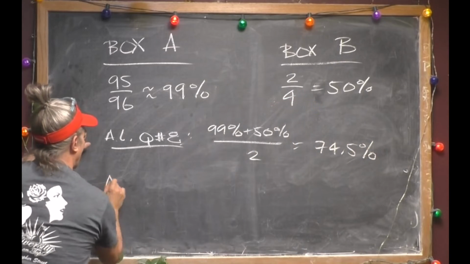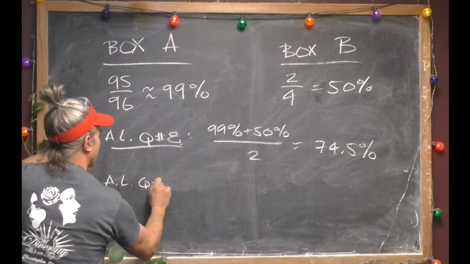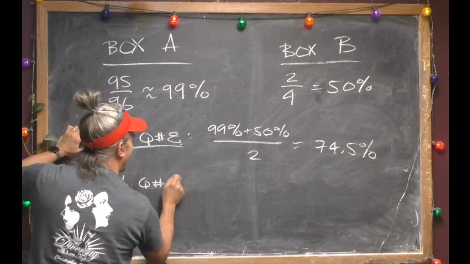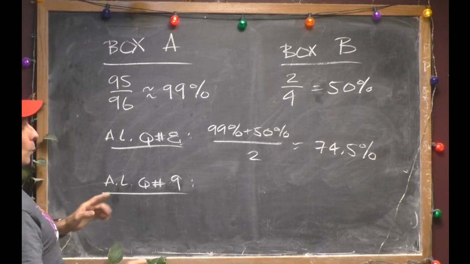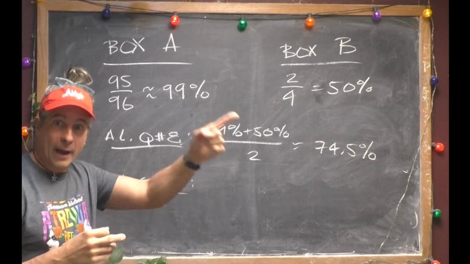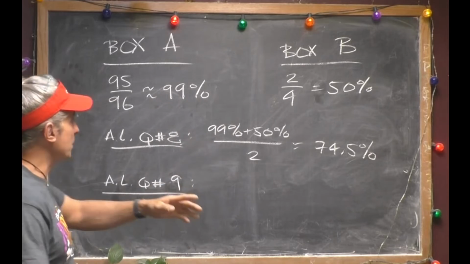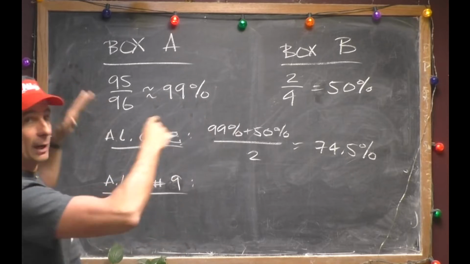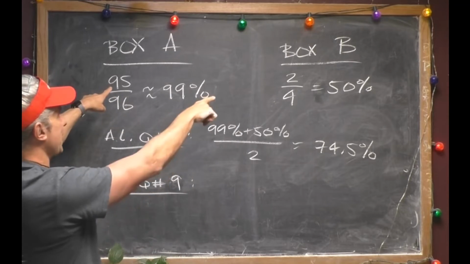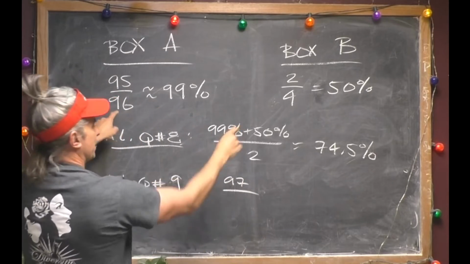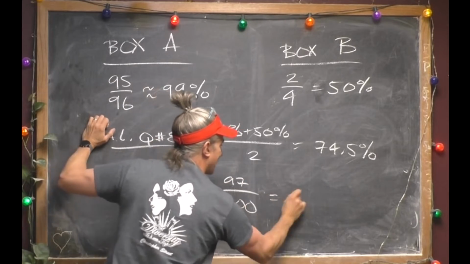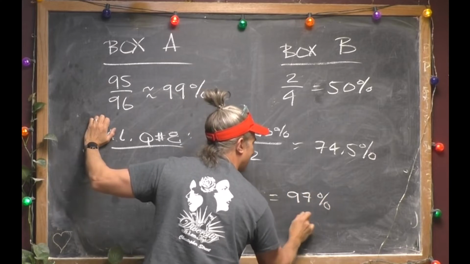Check. The way we did it in question number 9 was like we did the Frank, Sean, and the overall hatch rate, which was add up the total number of babies that we got all together. 95 plus 2 is 97. And then 96 plus 4 is 100 total eggs, and that's 97% of a hatch rate.